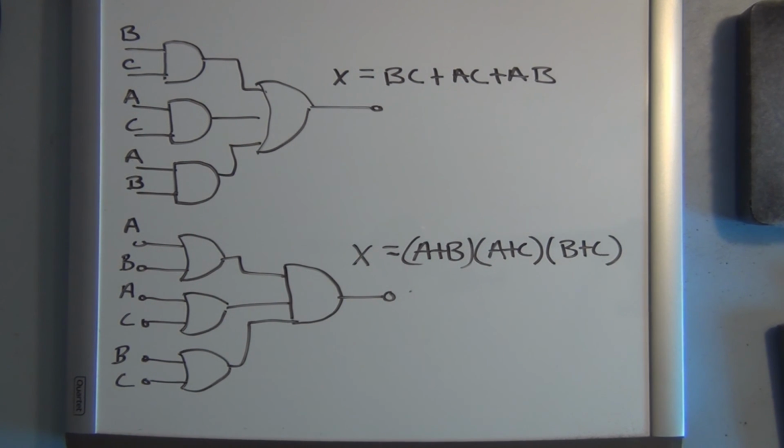In this case, we wanted a circuit that produced an output that was high when a majority of the inputs was high. And either of these 2 circuits will fit that criteria. These are equivalent, and they'll produce a logic level 1 when a majority of the inputs is 1.